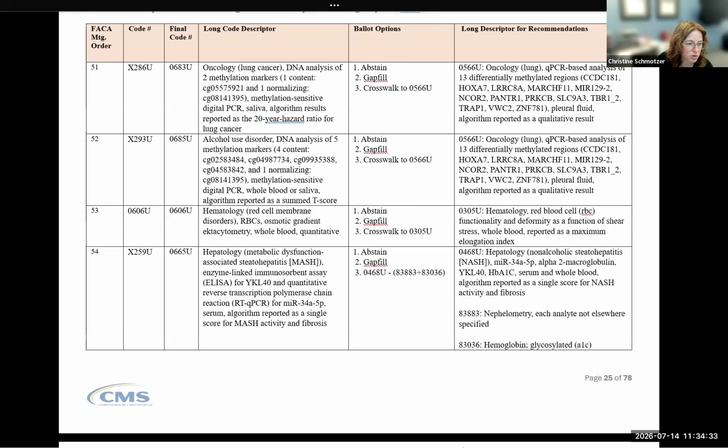Thus, in our review, we do agree with the sponsor's recommendation and recommend a crosswalk to 0468U minus 83883 and 83036. Thank you. All right, do we have any questions or comments from panelists or CMS on this code? All right, if not, panelists, please cast your votes.